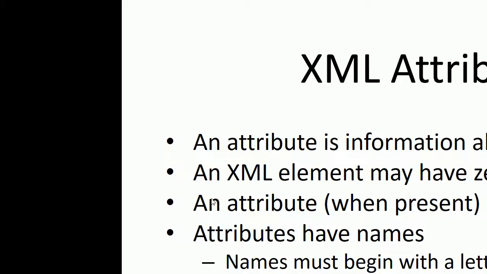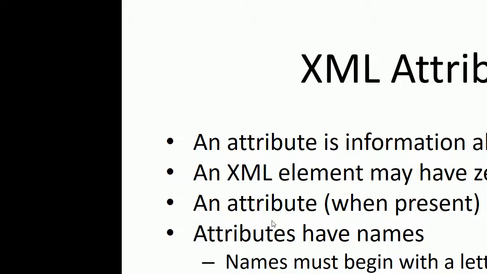In real life, they call those apostrophes or quote marks, but in coding we call it a single quote or a double quote, followed by a value, followed by a single or double quote. For example, ID equals C1, that's an attribute, or name equals Telecaster, that's an attribute.